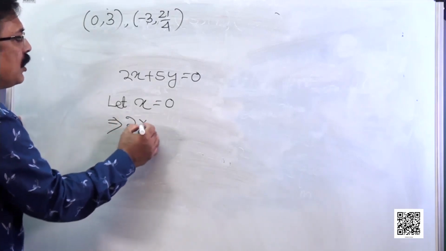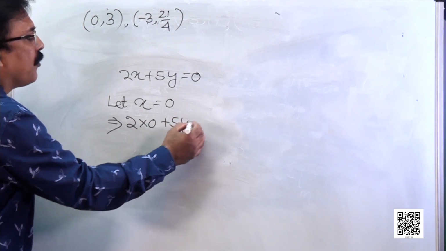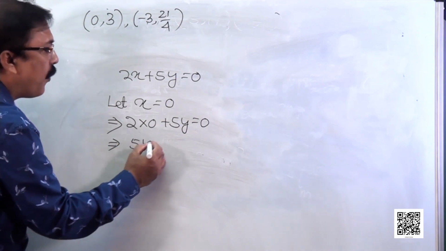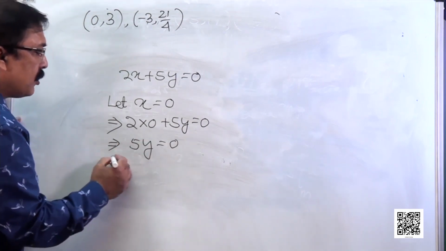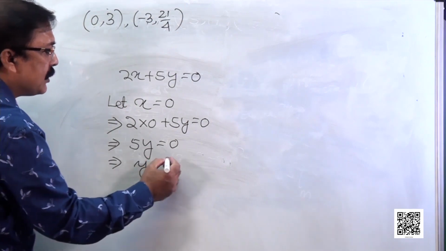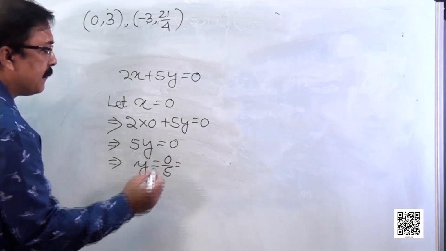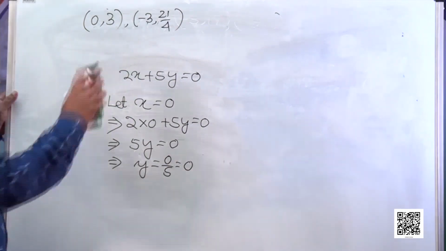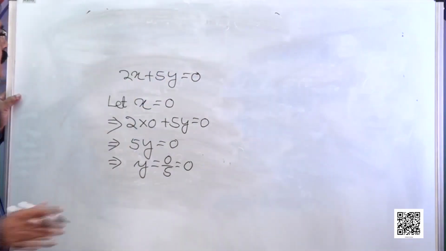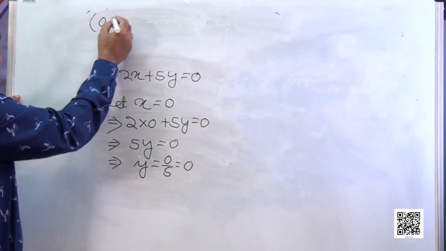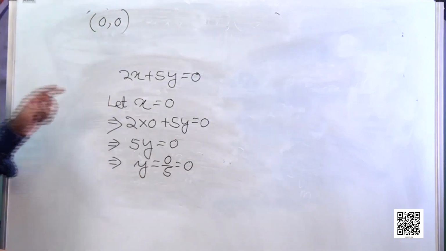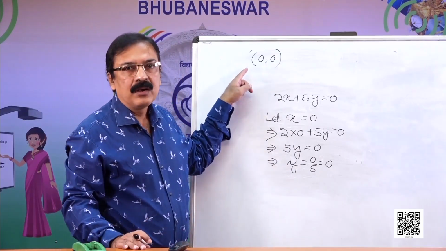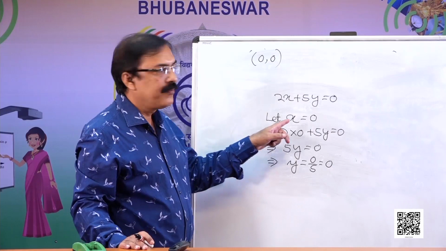See, 2 into 0 plus 5y is equal to 0. 2 into 0 gives 0. So 5y becomes 0. That means y is 0 by 5, that is 0. So the solution of this equation is 0 and 0. The value of x is 0 and y is 0. Such a solution is called the trivial solution for this type of equation.